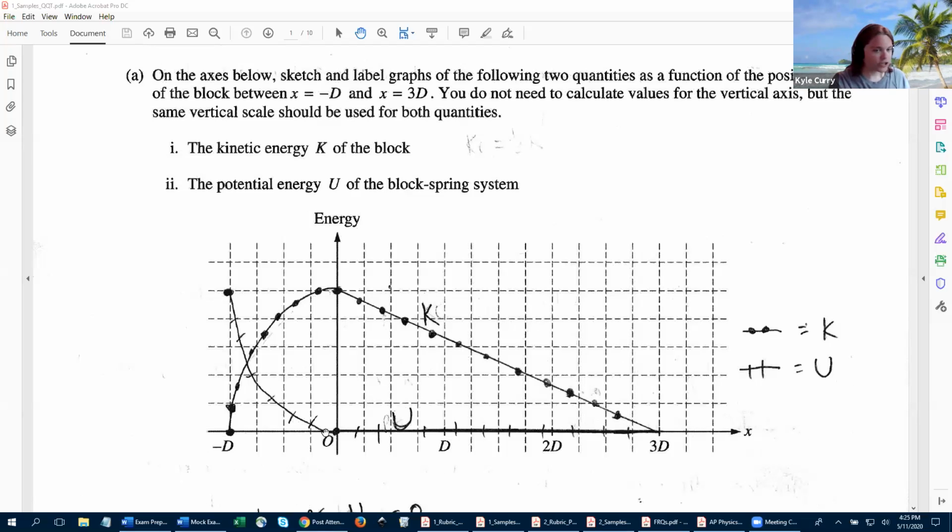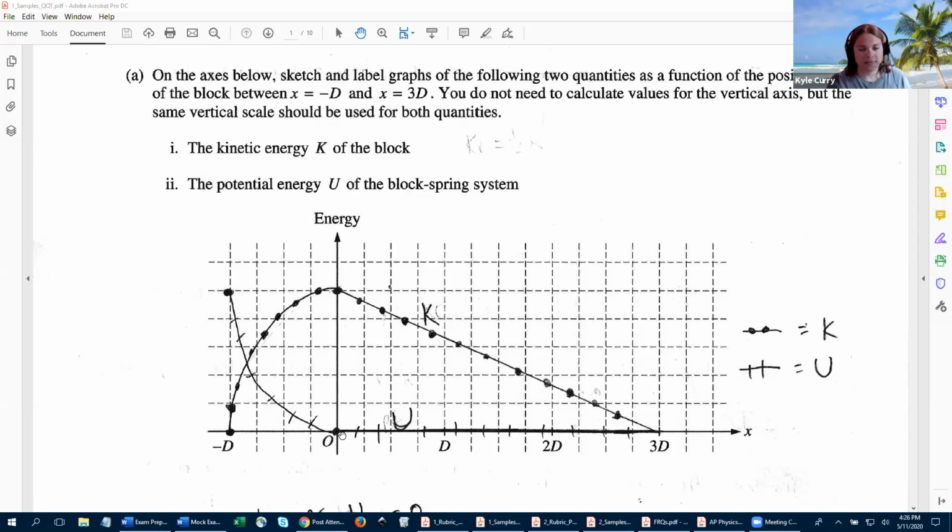It's not a perfect shape, but it's reasonably correct. We've got the second point because if you match up the kinetic energy and the spring potential energy of the mass-spring system from x equals negative d to 0, it shows that the mechanical energy, the total of those two energies, remains pretty much constant throughout the entire situation.